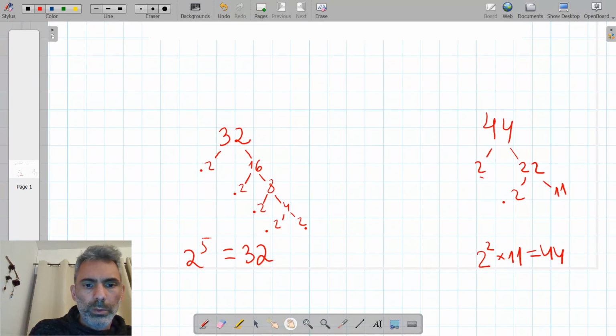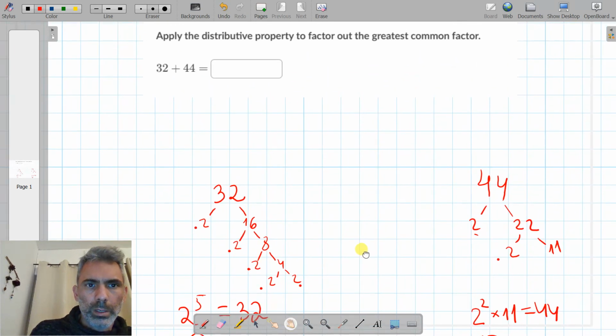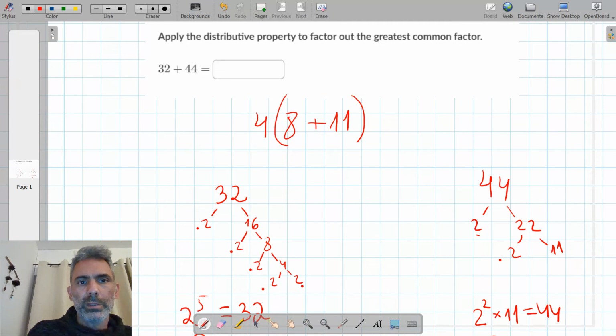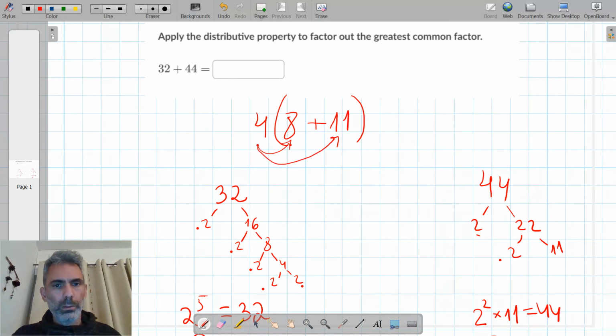So the greatest common factor is 2 squared, which is 4. 32 divided by 4 is 8. 44 divided by 4 is 11. Okay. So 4 times (8 plus 11). This is the answer. 4 times 8 is 32. 4 times 11 is 44.